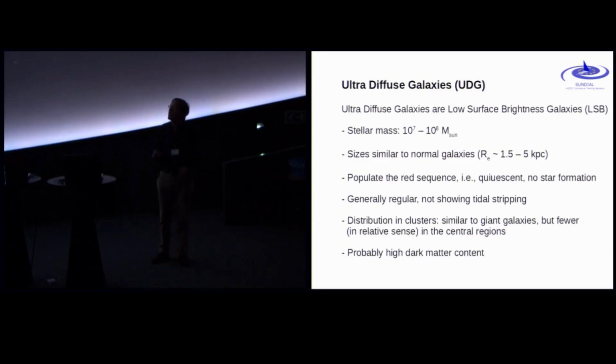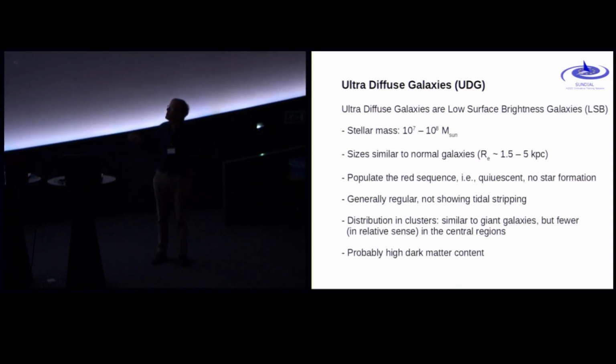So these are the properties of ultra-diffuse galaxies generally. There's of course a whole range. Stellar masses are about this amount, 10 to the 7, 10 to the 8. The sizes, and that's what makes them peculiar, are 1.5 kiloparsec effective radius or more, which is a bit like the Milky Way. So this is why people say we find more Milky Way-like galaxies.